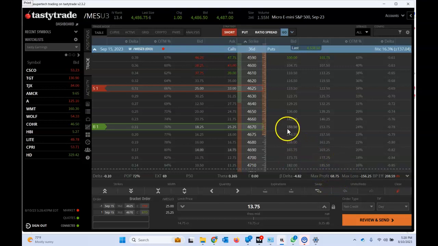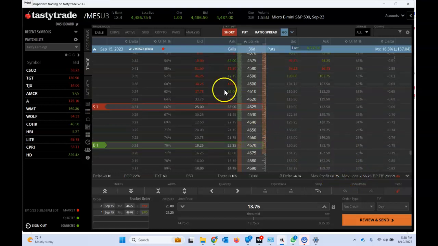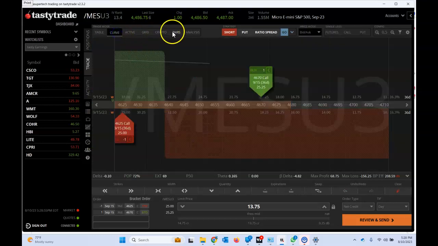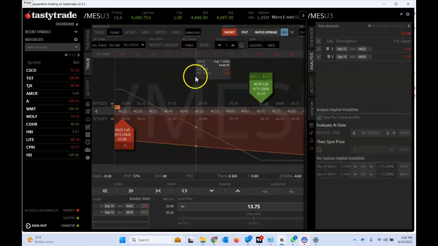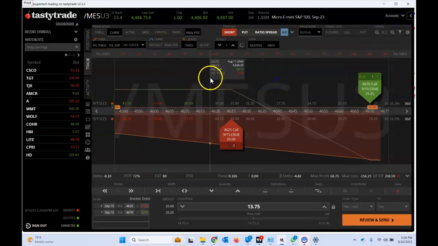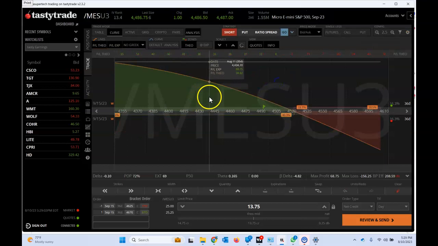Let's go ahead and look at the curve here. So here is the analysis. We're going to continue to utilize the 4445 figure. If we were to hit that target, let's say tomorrow, we're up 30 bucks.